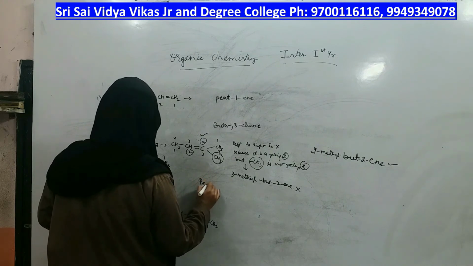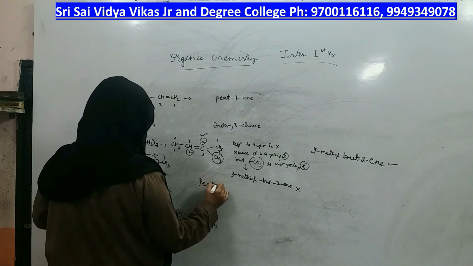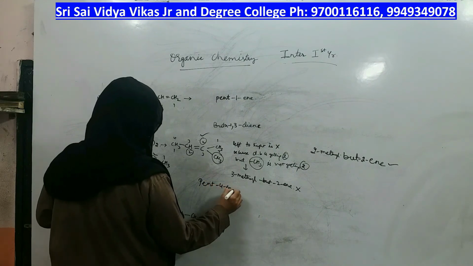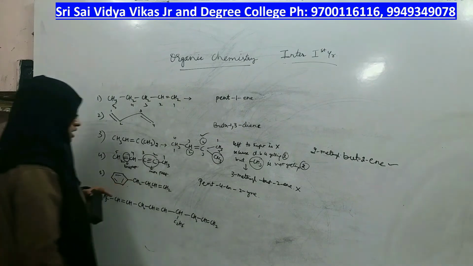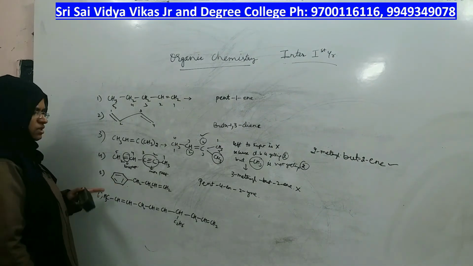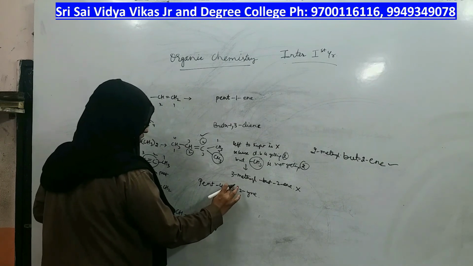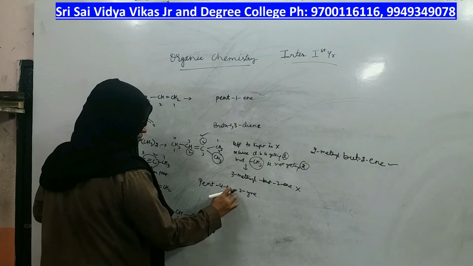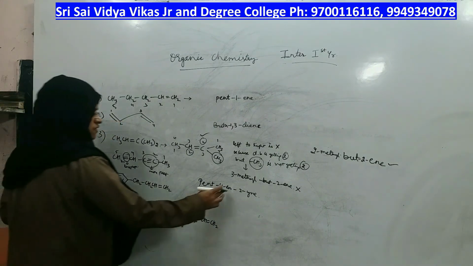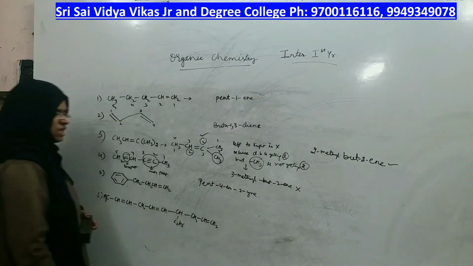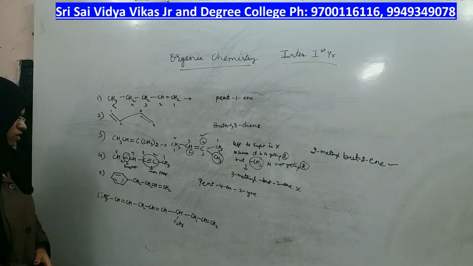So pent, where is the ene present? 4th carbon, ene, 2-yne. That should be the name of the given compound. You cannot write ene at the end here, because some more things have to come. The ending should have yne. In between, if it comes, just write en. Okay, so right now let us go for the next name.